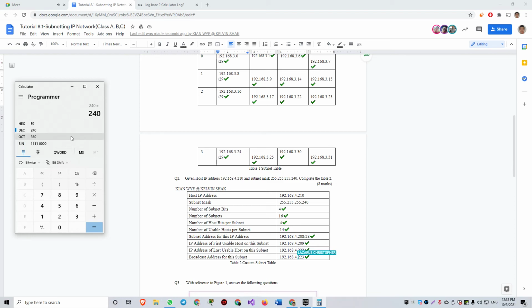So then it is easy for you to get the first usable and last usable. To confirm, look at the address 210. It's within the range, right? Yeah, 210 is within that range. You double confirmed already. Okay, noted.